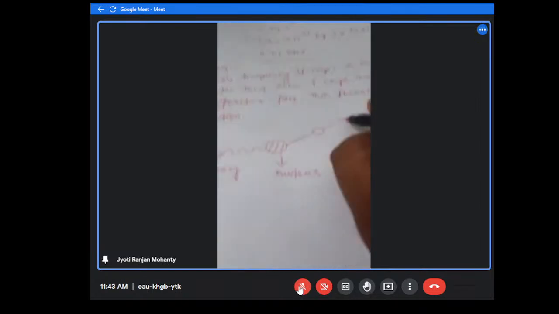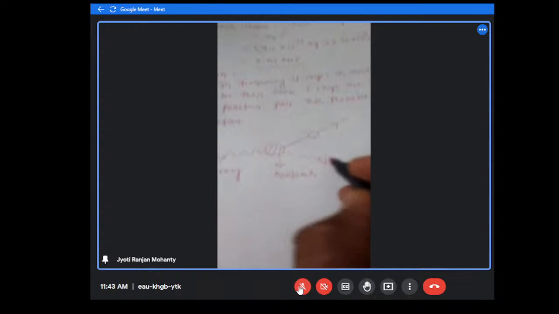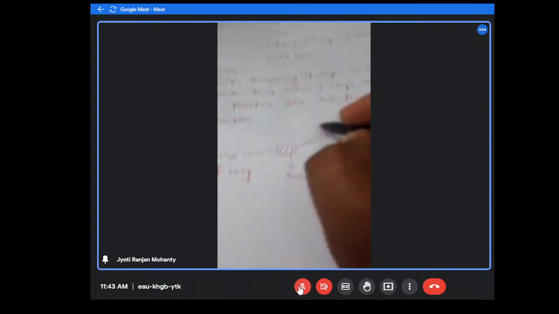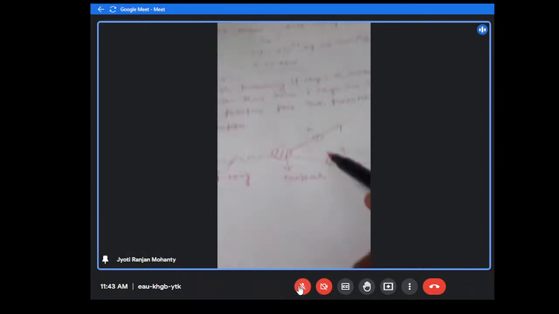So from this atomic nucleus, an electron and positron will be evolved. This is the electron, this is the positron. So here the electron-positron pair will be produced. This phenomenon is called pair production.